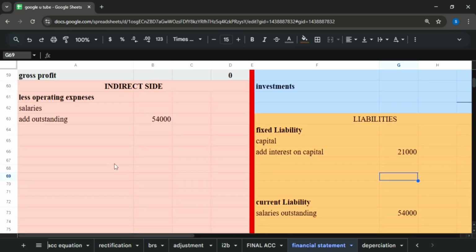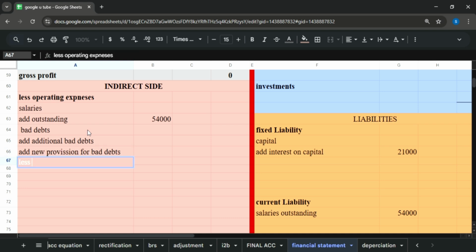For that we will go to operating expenses where you will mention bad debts, then you will add additional bad debts, and then you will add new provision, the reserve allowance provision for bad debts, and then you will subtract the old provision for bad debts.